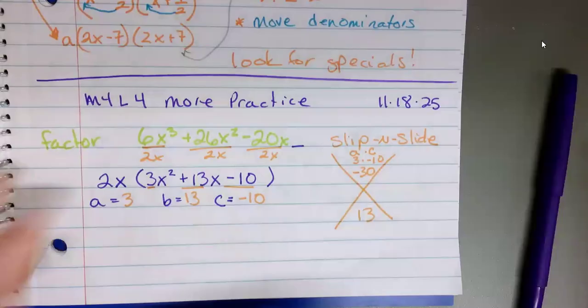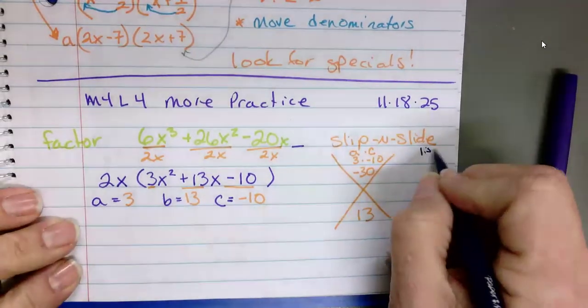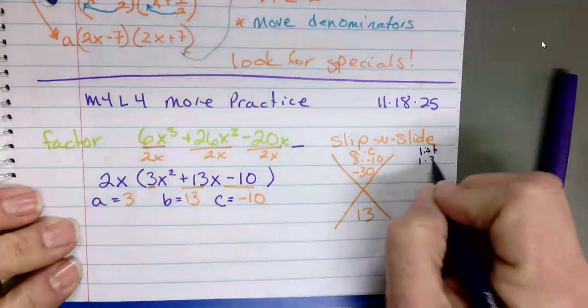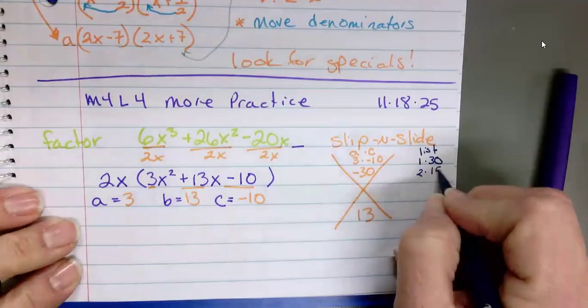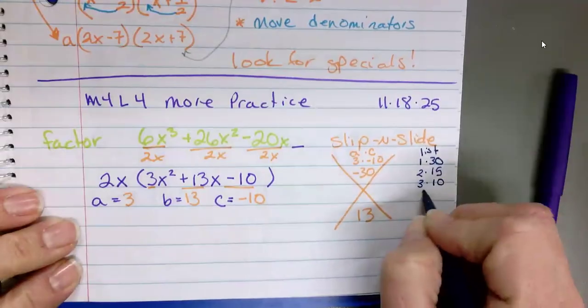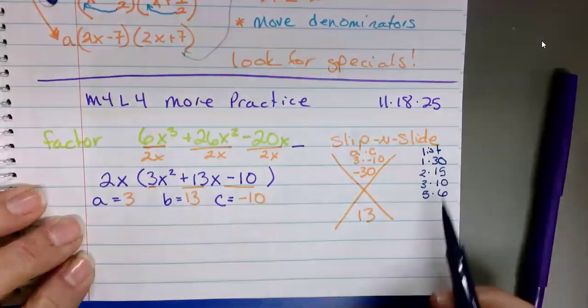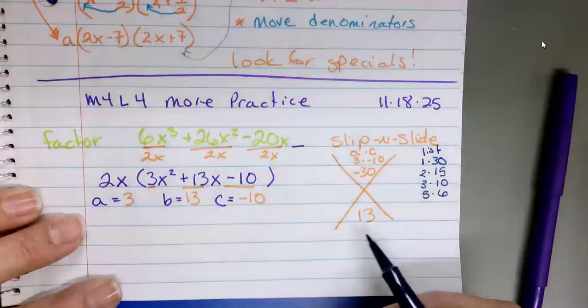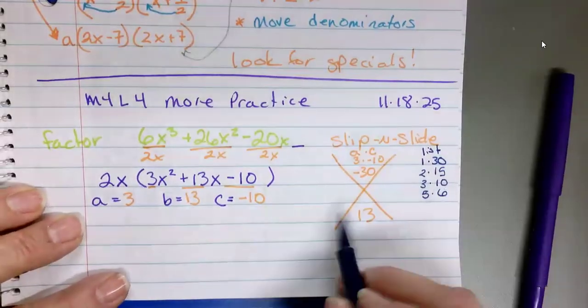Step 5 says to list your factors. So I'm going to write the word list to remind myself. And I start with 1 times 30, 2 times 15, 3 times 10, and 5 times 6. Now I'm looking for something that will add or subtract to make 13. Well, I love 3 times 10 because 3 times 10 adds to make 13.